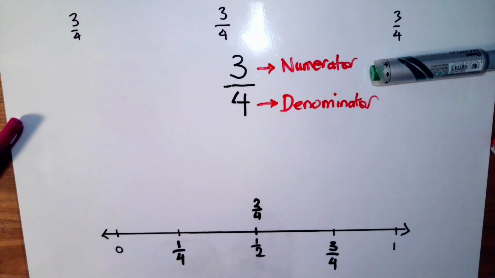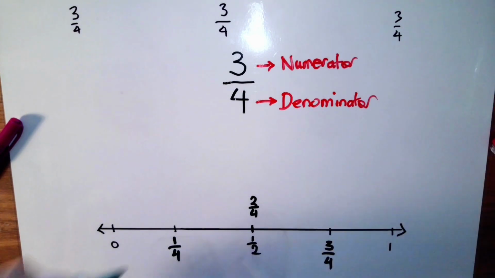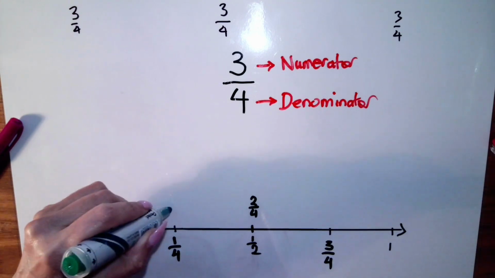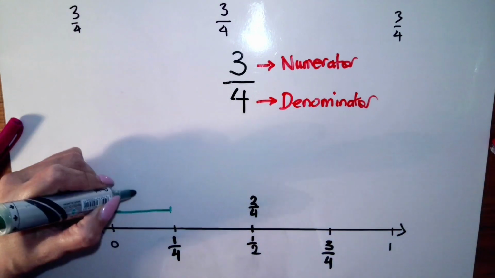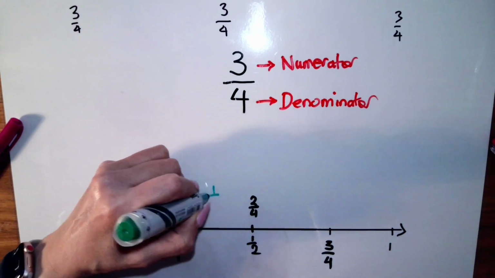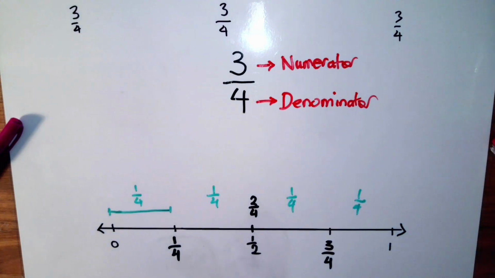When they are learning to use a number line, they have to remember that a number line is a little bit different to a part whole. Although each of these parts represents a quarter of the whole of one, we don't label it like this: a quarter, a quarter, a quarter, a quarter. That's actually one of the misconceptions. The fractions are labeled on the ticks that appear on the number line.